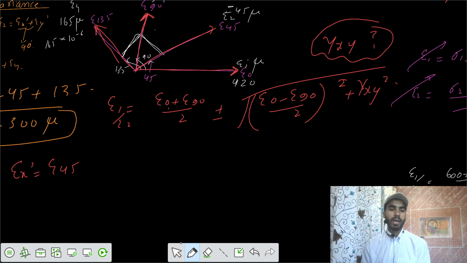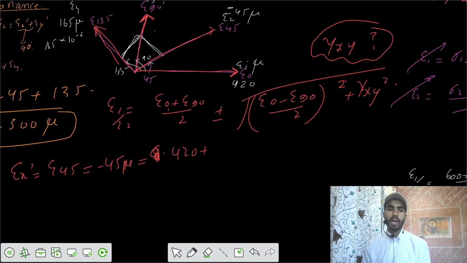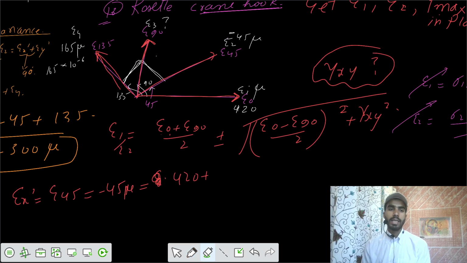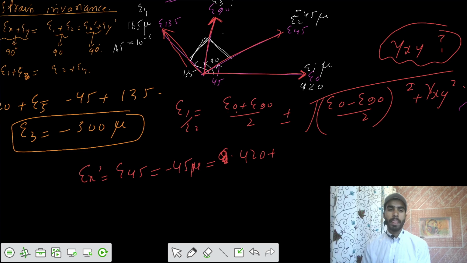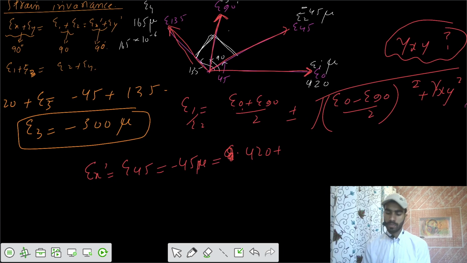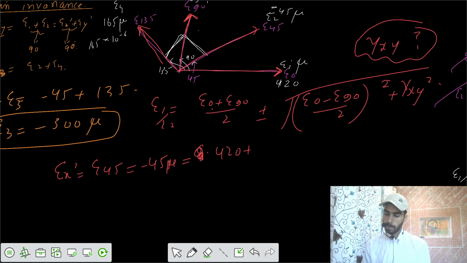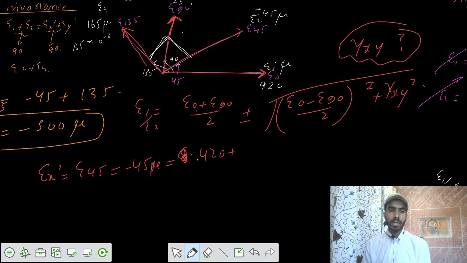Let's take E45, which is minus 45 micron, and use the equation with E0, which was 420, plus E90. The value of E90 I calculated as E3, which is minus 300.